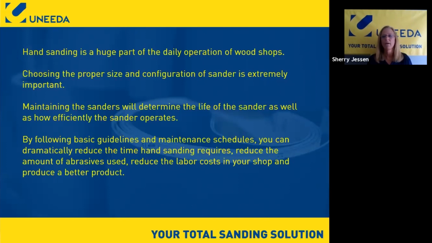One of the big things with having the different types of sanders available for our customers is we want to look at how we can drive down labor costs. How can we get the product from point A to out the door with as few abrasives as possible, the best finish possible, and yet in a timely manner.